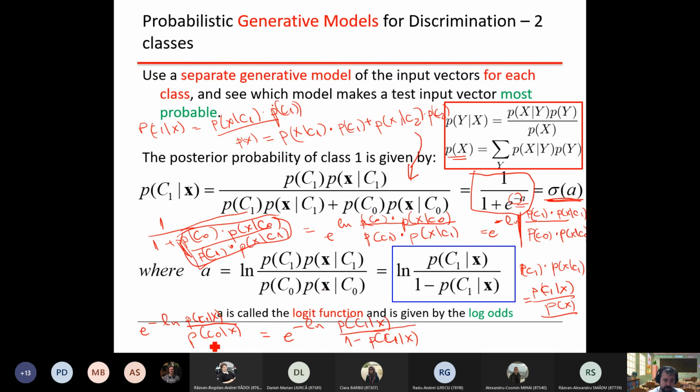So we can write this second class as being 1 minus the probability of the first class. Is it clear?